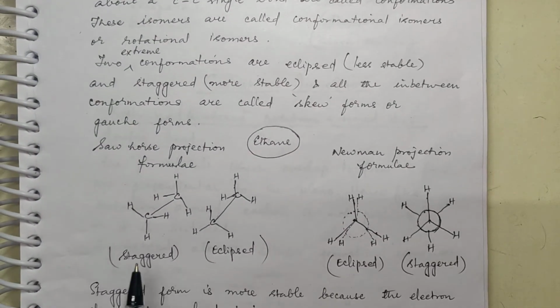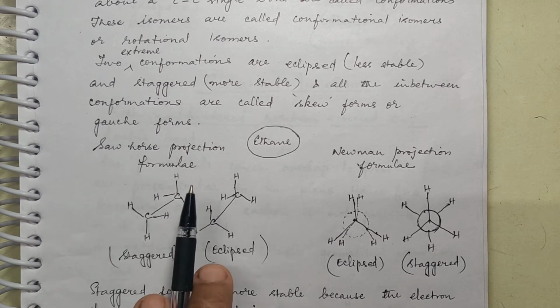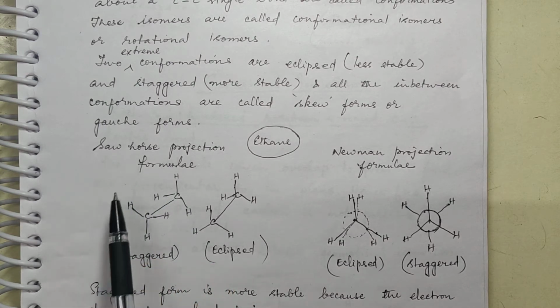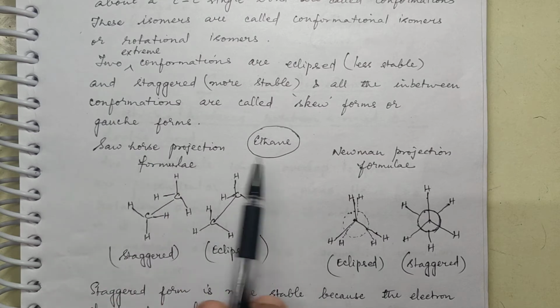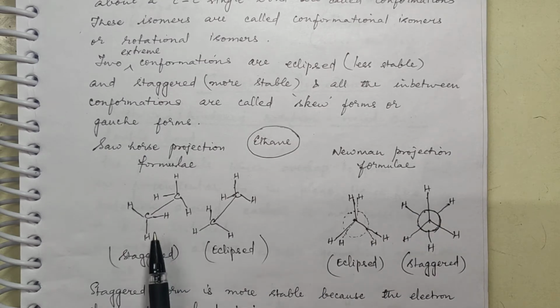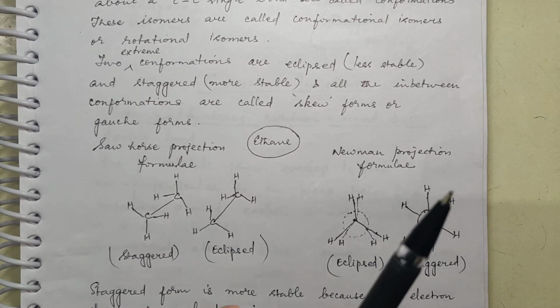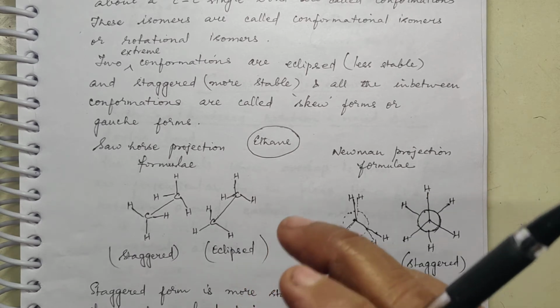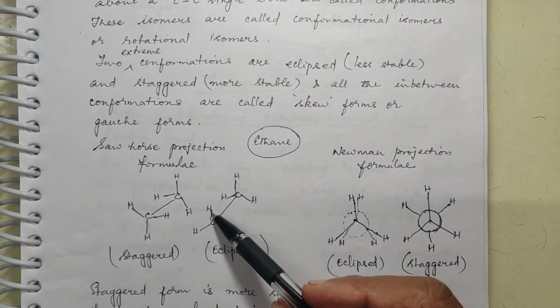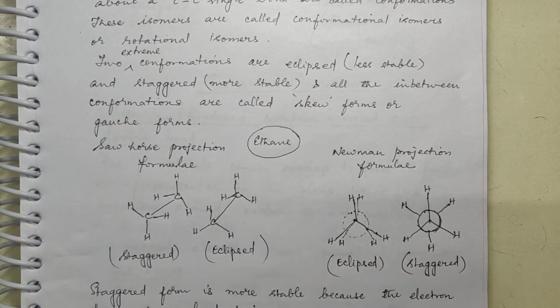Now here is the diagram. I already told you that there were two people who explained these conformations. One was Sawhorse and the other one Newman. And I showed you the Newman projection formula in the video, right? This is Sawhorse. You just keep the molecule in a tilted position and try to understand what is staggered and eclipsed. In the case of eclipsed, you see the two electron clouds are close to each other.